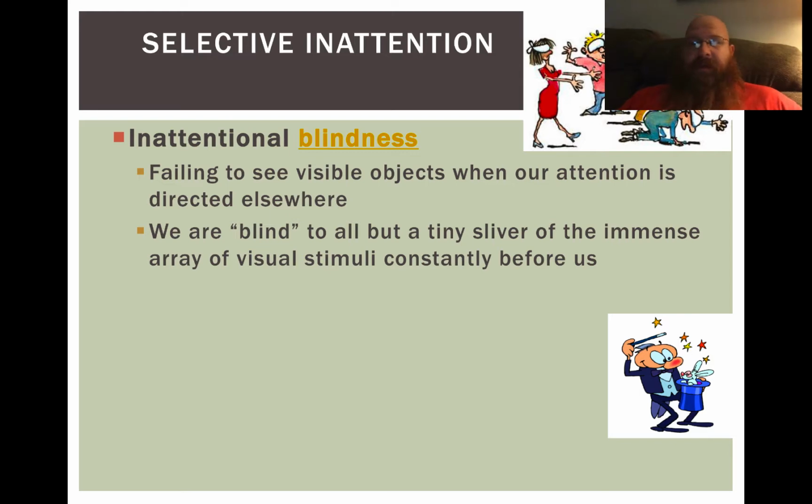We essentially only see what we are looking at. If I'm looking at the TV, I'm actually only looking at a small part of it, and my peripheral vision is sort of taking in everything else.